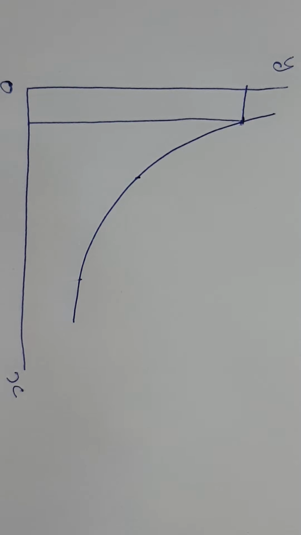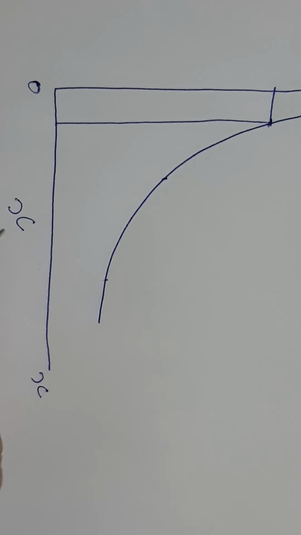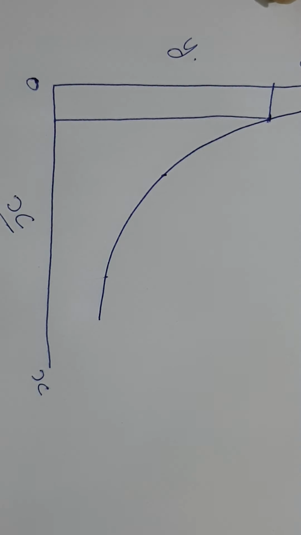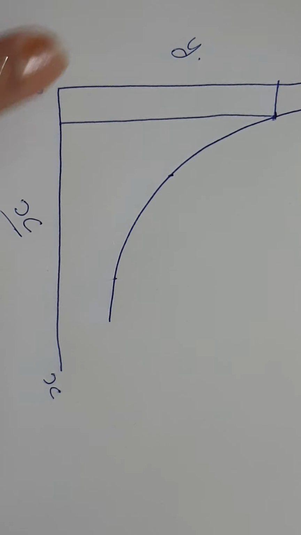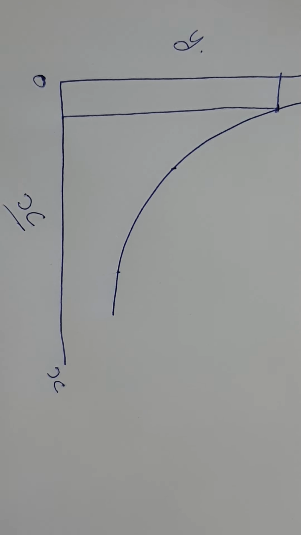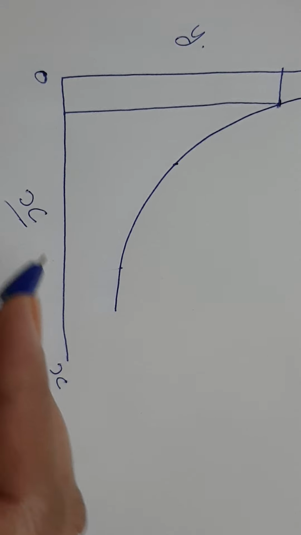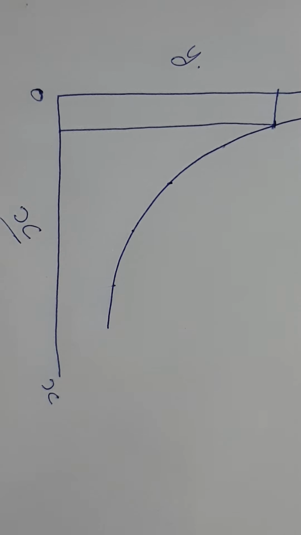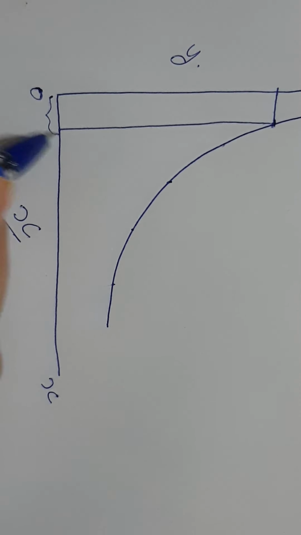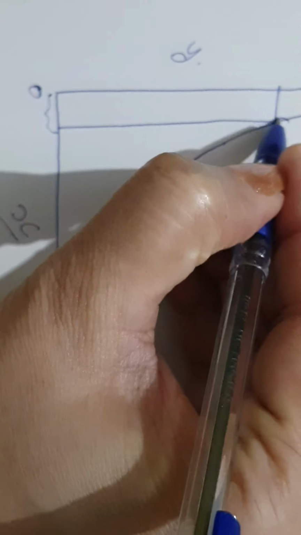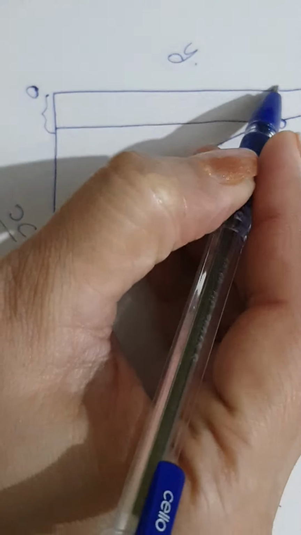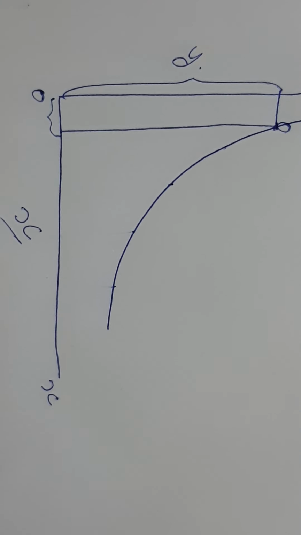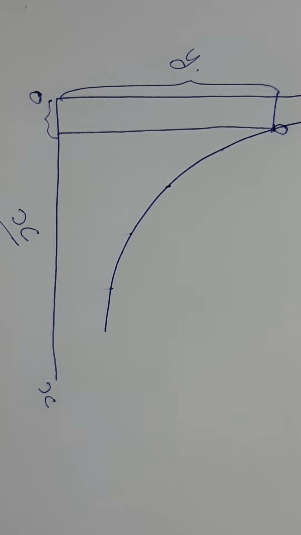Suppose we are consuming X commodity and Y commodity. You can take any other examples like food, cloth, bread, or A, B, C, D, you can use such variables. So you are consuming this much of X on this point and this much of Y. This is a combination of X and Y commodity and you are getting some satisfaction out of this.